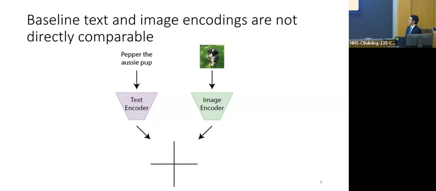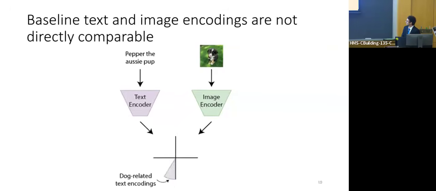But for our purposes, I'm going to simplify things down to just R2, so Cartesian coordinates. And because these text encoders work, they will encode similar semantic texts to a related space in the latent space, because it can identify that there's a dog in the text. So maybe those dog-related text encodings will end up somewhere in this latent space.